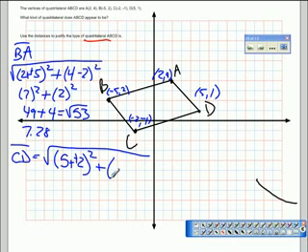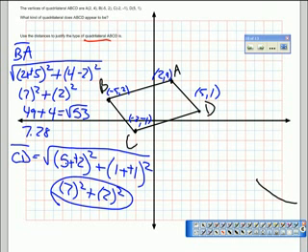Plus 1 minus a -1 becomes plus squared. So I end up with 5 plus 2 is 7 squared plus 2 squared. Do I need to finish it? Look, this here and this here are the same. Wouldn't they have to finish the same? In theory, yes. If you do the arithmetic correctly, yes, they have to finish the same. So both lines are 7.28 units, so it's at least a parallelogram, right?